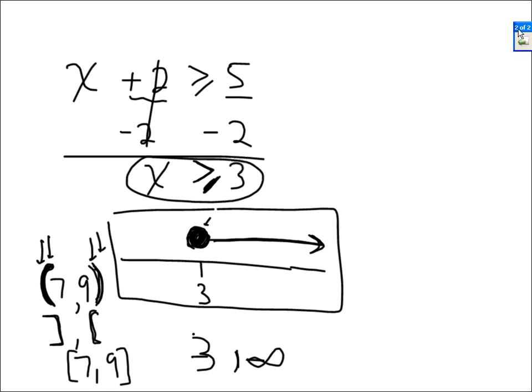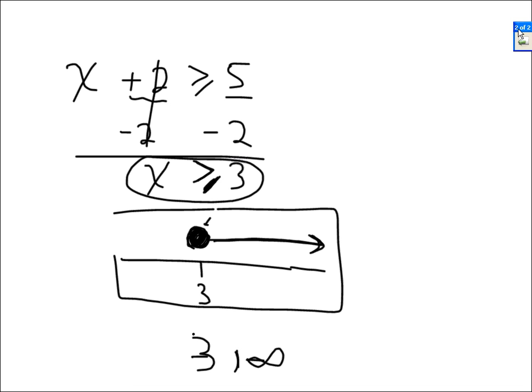But they don't have to both be open or both be closed. You can have, say, from 3 to 9, include 9, but don't include 3. One last one. You can include 3 all the way up to, but not including, 9. Open bracket means don't include that endpoint. Closed bracket means include the endpoint.